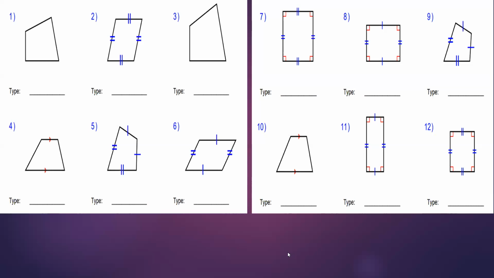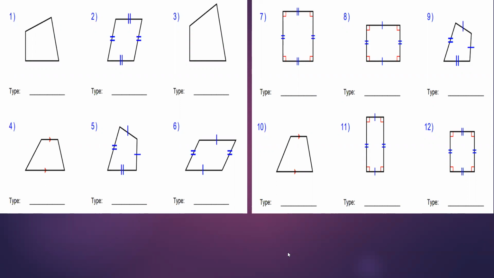Number 2. Just on number 2? What have you been doing all the while? I didn't understand it. You didn't understand how to name these things? Come on, man. It is not that deep.